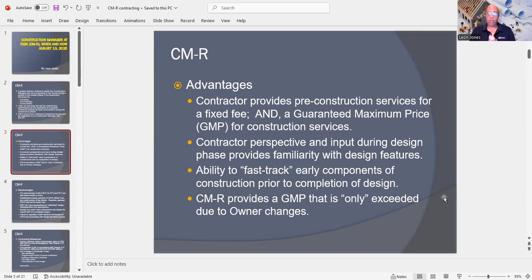There's also the ability to fast track early components of construction prior to the completion of design. Also, the CMR, the construction manager at risk, provides a guaranteed maximum price, known as GMP, that is only exceeded due to owner changes.